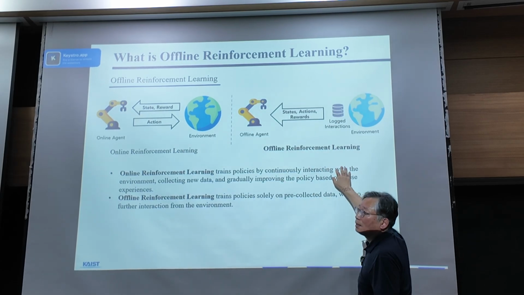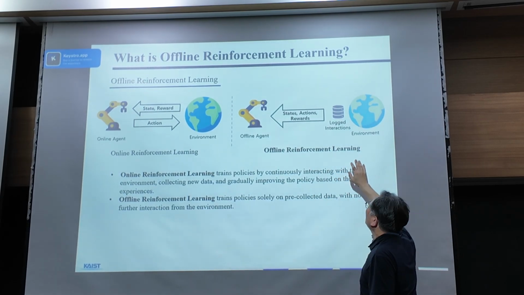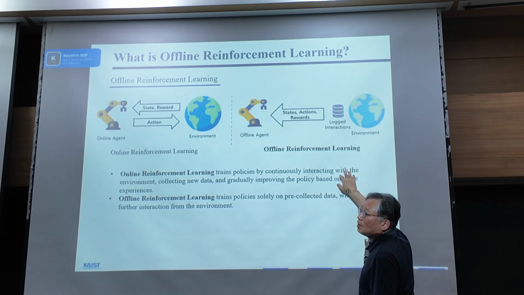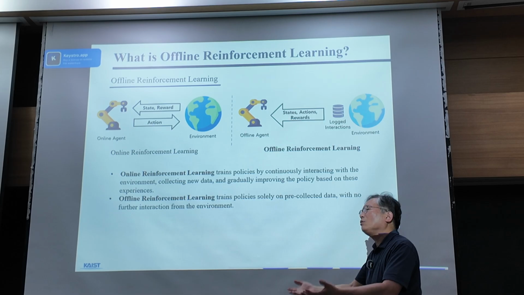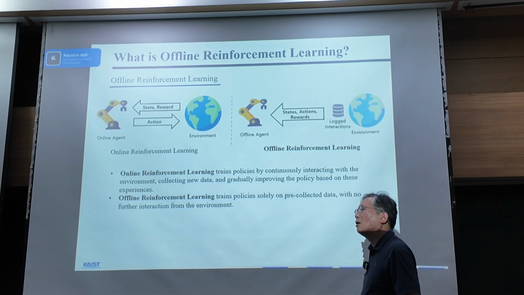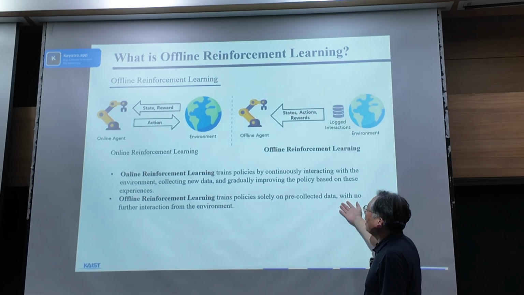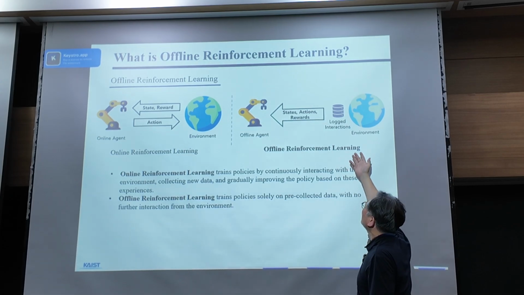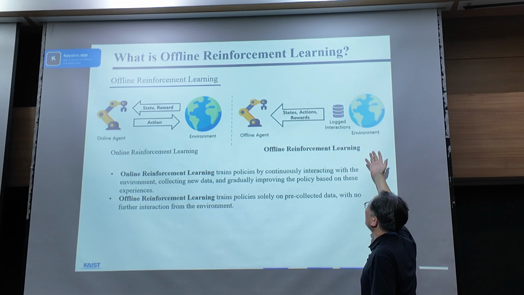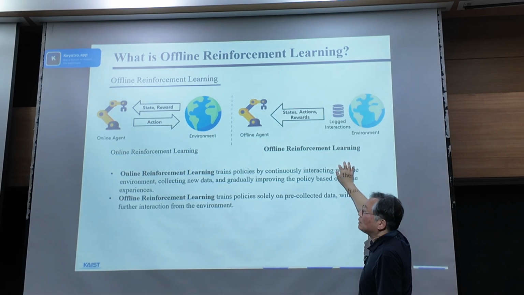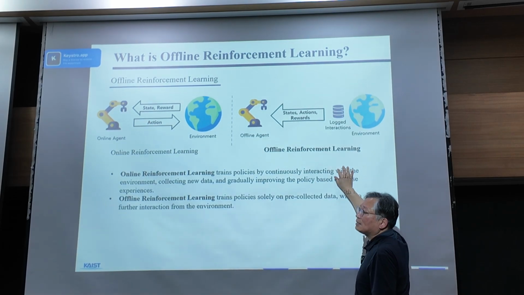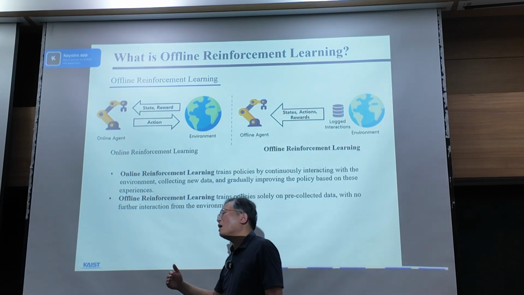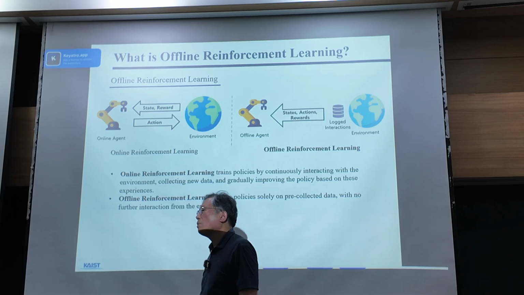Offline is you gather data before you're actually running it. Okay? You have various robots interacting with the real world. You take that data and you define your policy. And it's fixed.